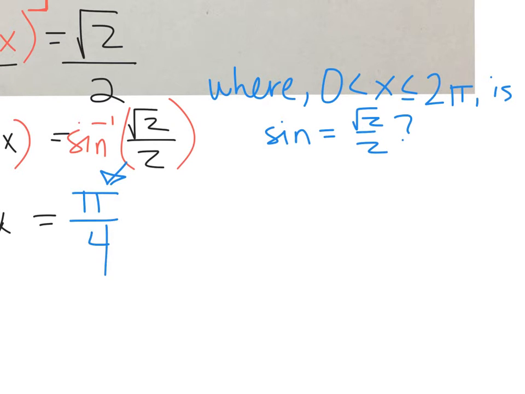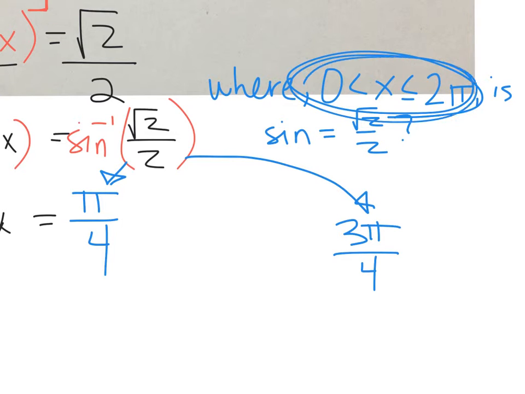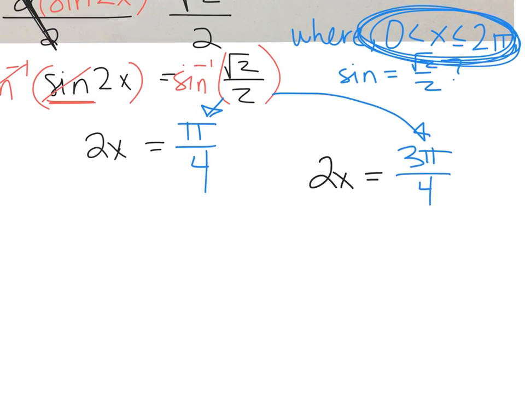That is one angle on the unit circle where the sine is root 2 over 2. The other one is at 3 pi over 4, or 135 degrees. So there are two places in this interval as you go around the unit circle where the sine has a value of root 2 over 2. So we write down them both because there are two angles.